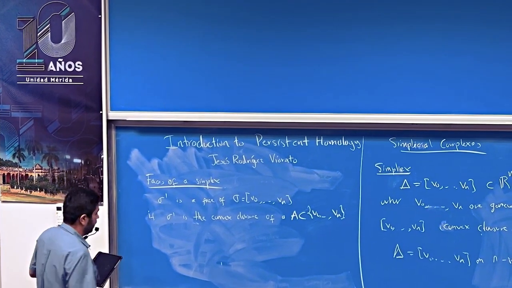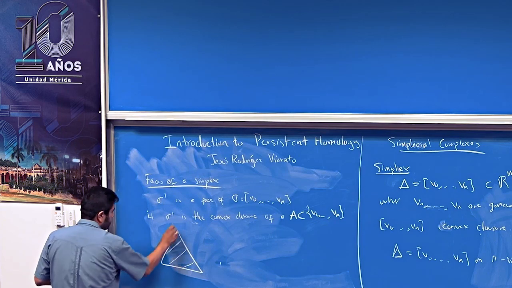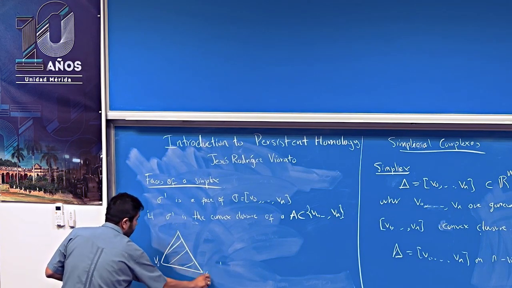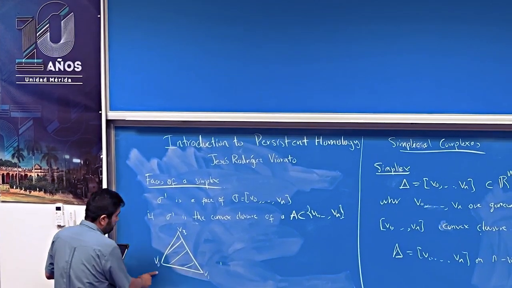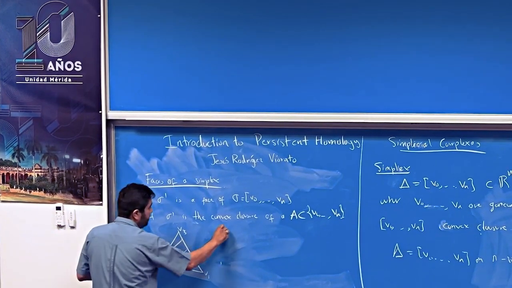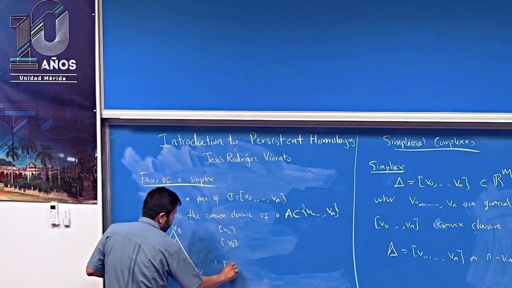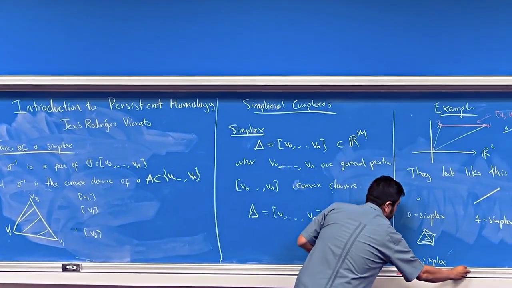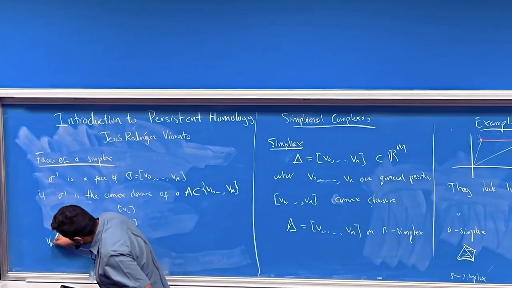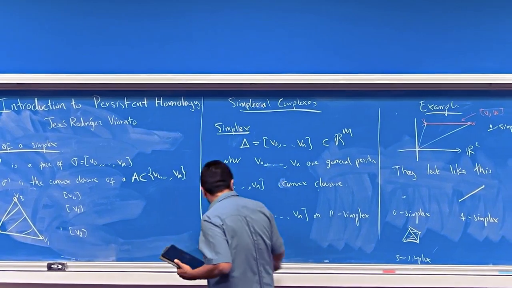So, for example, if you have a triangle, you have the vertices, then you have the closure. You have as faces V0, V1, V2, which are just the vertices. So the vertices are faces of the triangle.